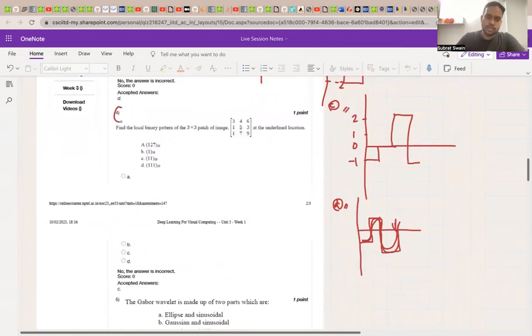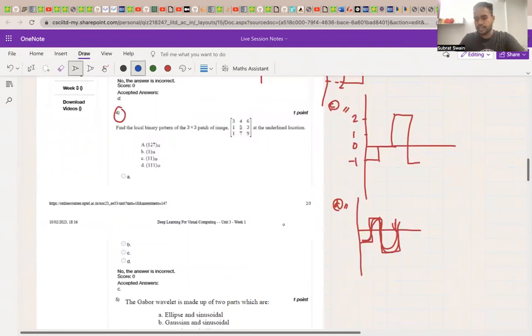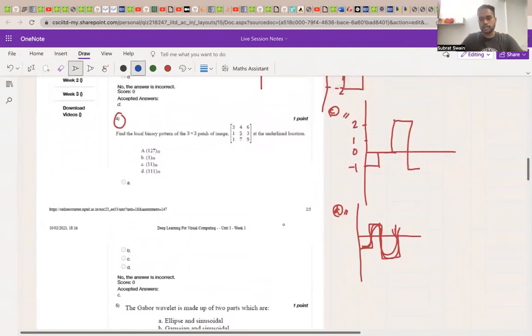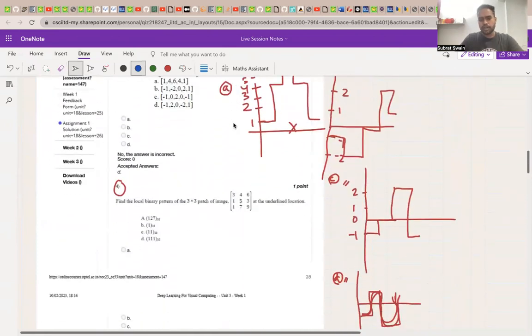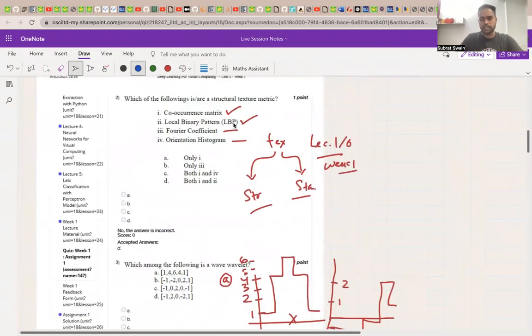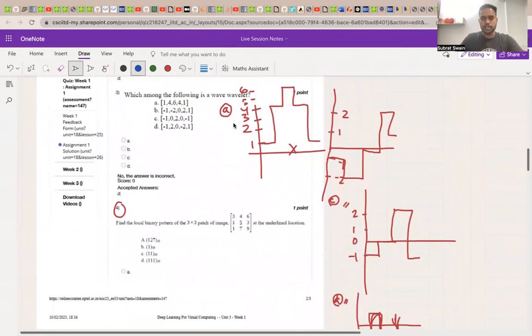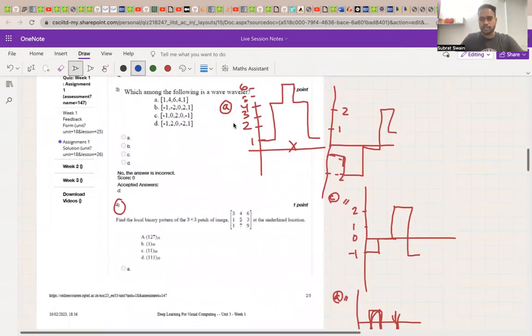Coming to question 4. If anyone wants to ask doubts while solving, they can ping me. I guess questions 1 and 2 were pretty straightforward. If you have a doubt in question number 3, you can ask now.